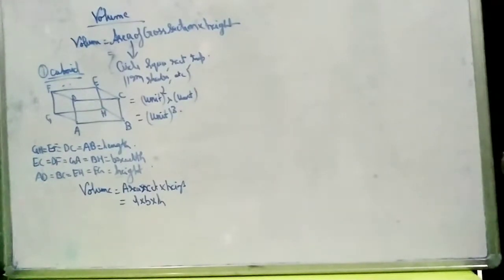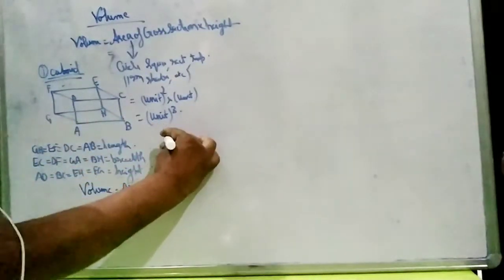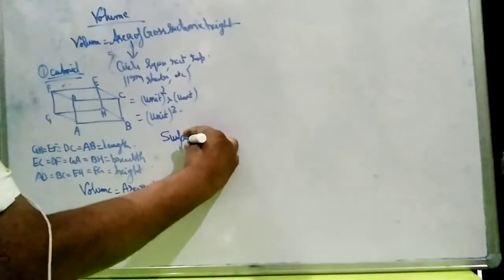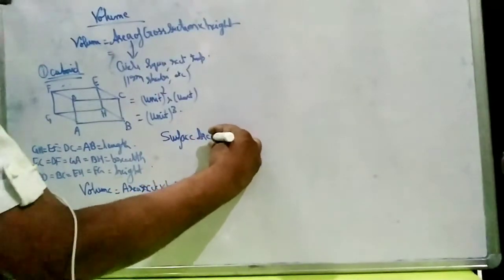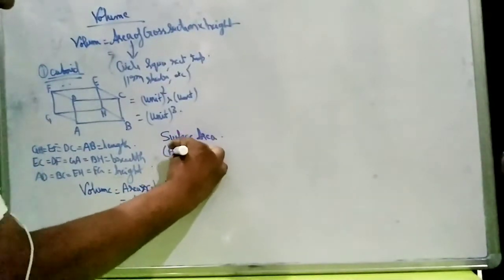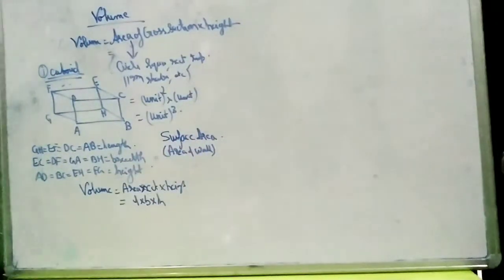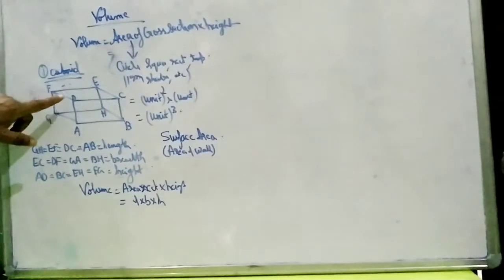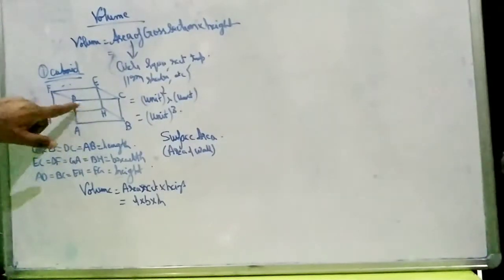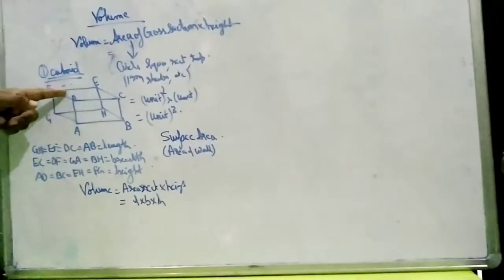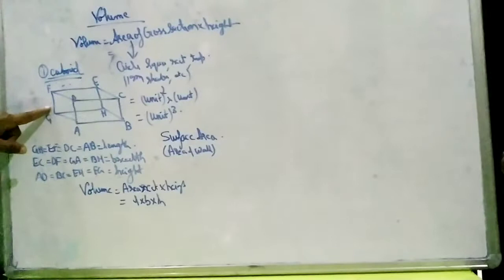Then we have to find the surface area. Surface area is also considered as the area of walls, meaning the front area, the back area, and the two side areas will represent the surface area.